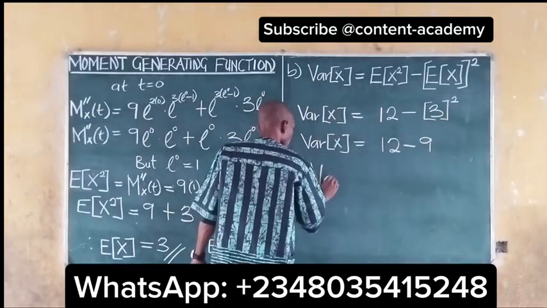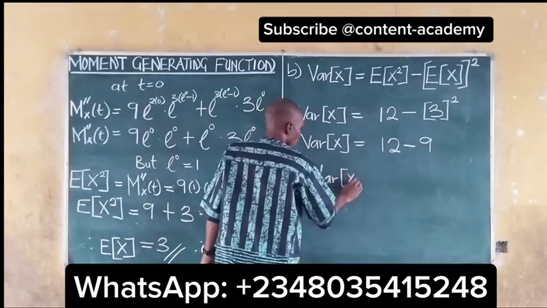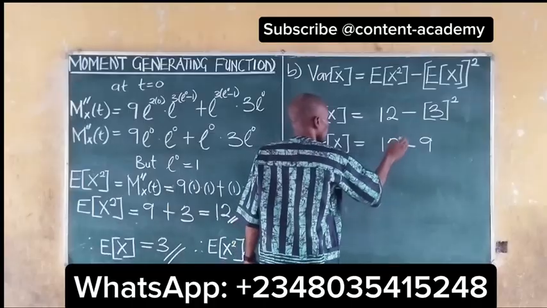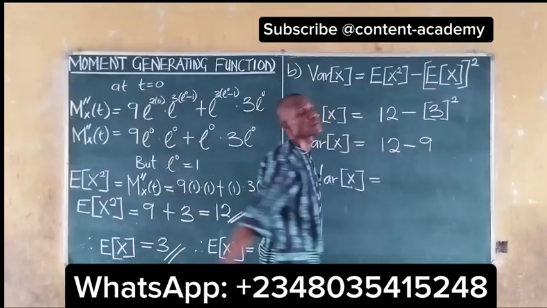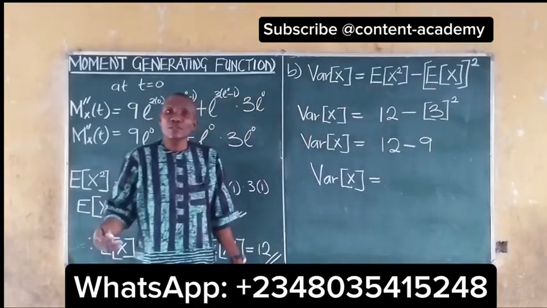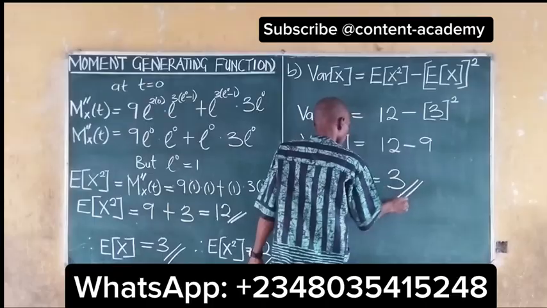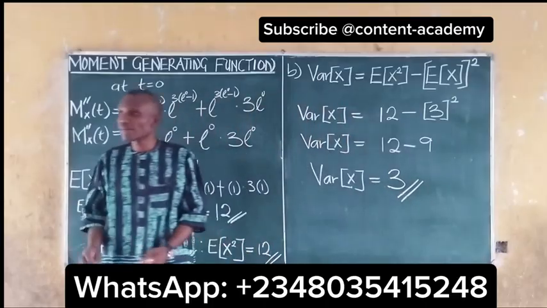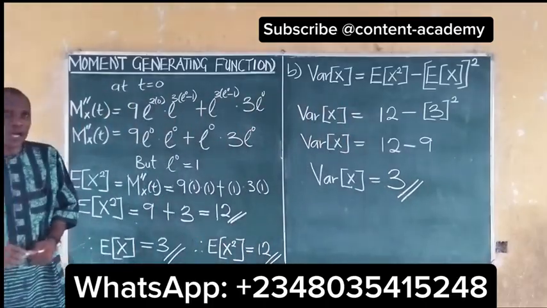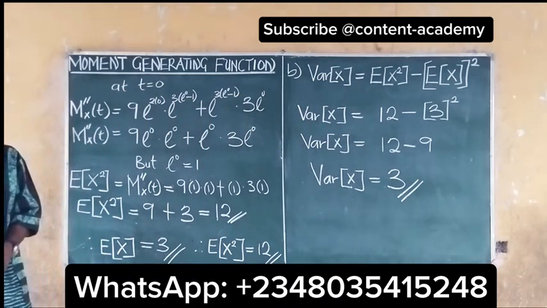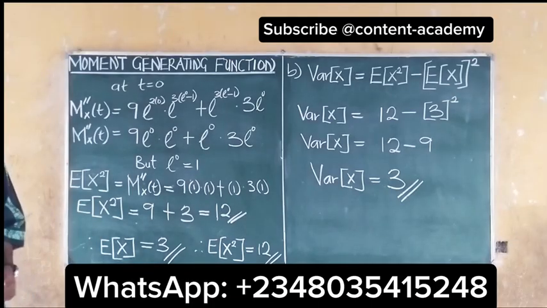That means our variance of x is equal to 12 minus 9. 12 minus 9 is 3. So this becomes our variance. This is simply how to calculate the first and second moments of the moment generating function given the PDF.